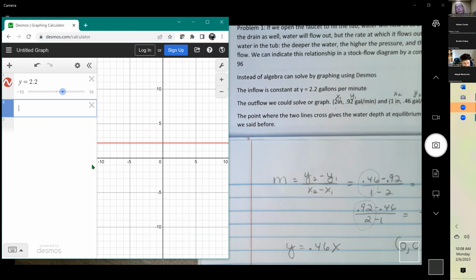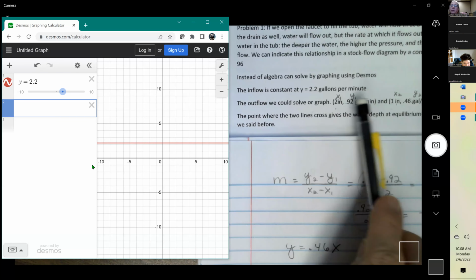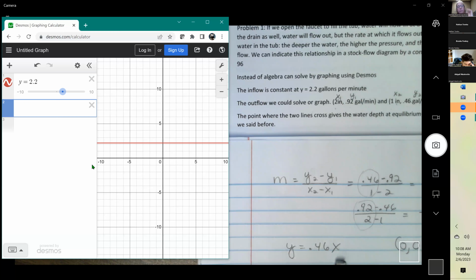Now this one, I'll show you 2 ways. If we didn't find this equation, we could still find it with those 2 points. Now it's going to be a little bit different because I also use the 0, 0.